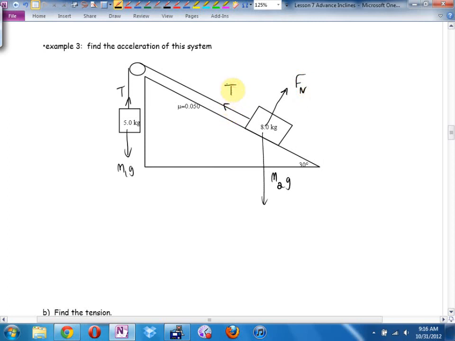Tension pulling it up. Oh, since I know it's sliding up, I know that friction is sliding it down. And let's break this up into M2G perpendicular, M2G parallel, where this angle and this angle are the same one.